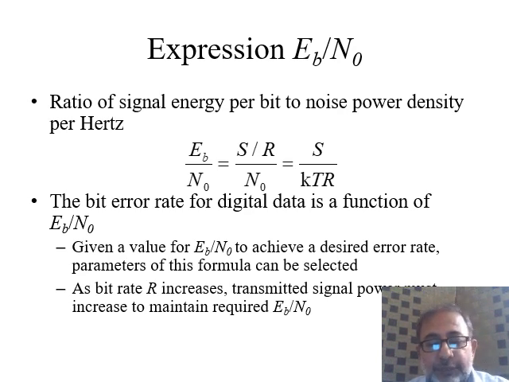But if the data rate increases, then we need to increase the Eb over N naught ratio, and that can only be increased by increasing the transmitted signal power, because N naught, or the noise, remains the same normally.